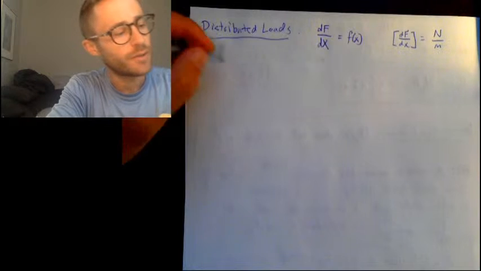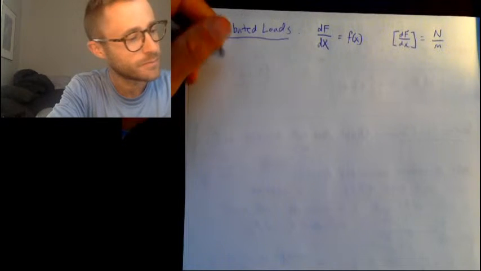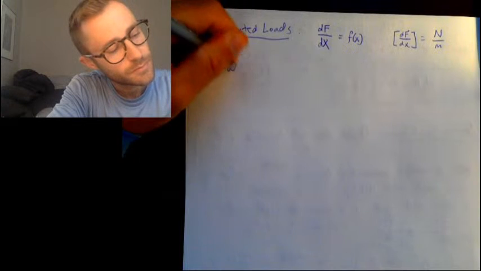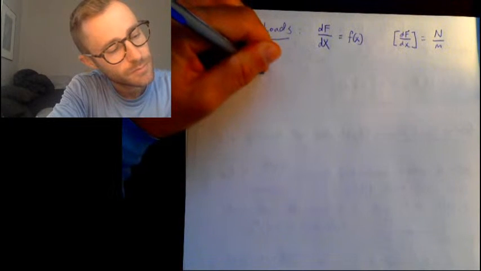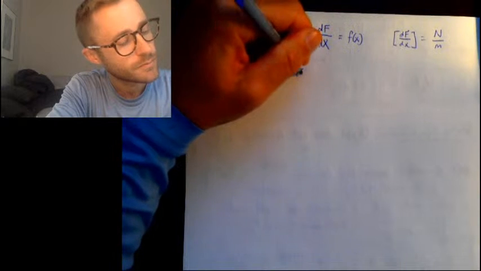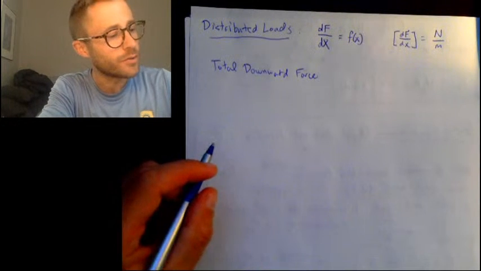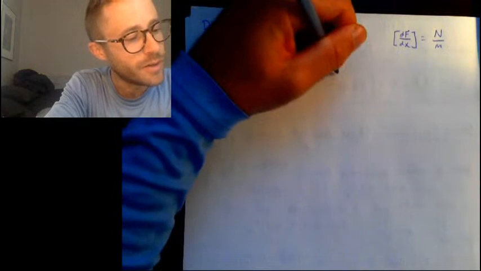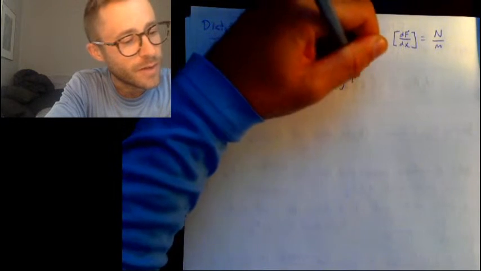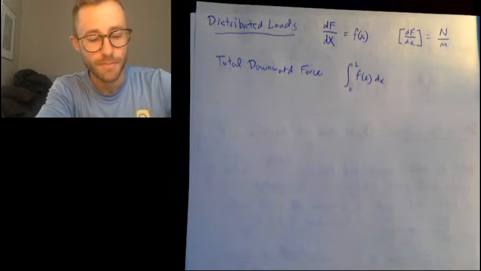So if you have a distributed load, the total downward force is going to be the integral of f of x dx from 0 to L, whatever the length is.